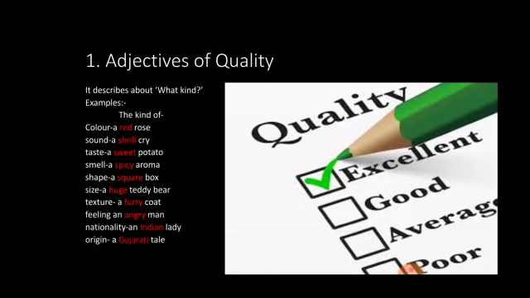Origin. A Gujarati tale. Location. The southern states. All the words that are written in red, like red, shrill, sweet, spicy, square, huge, furry, angry, Indian, Gujarati, and southern, talk about or describe the quality of a noun.